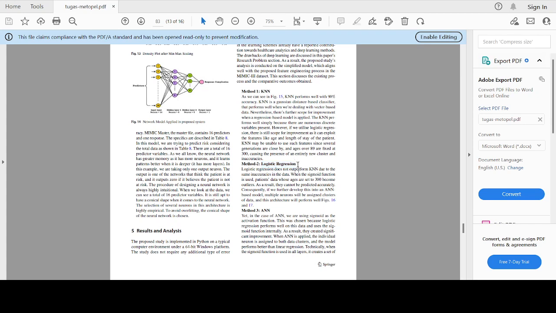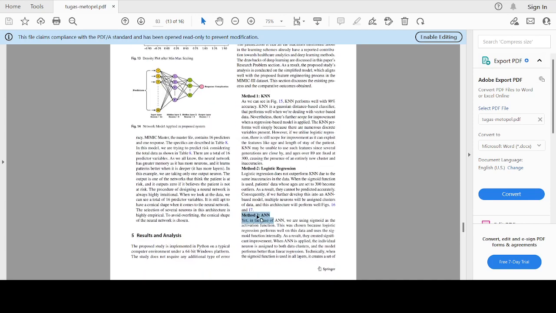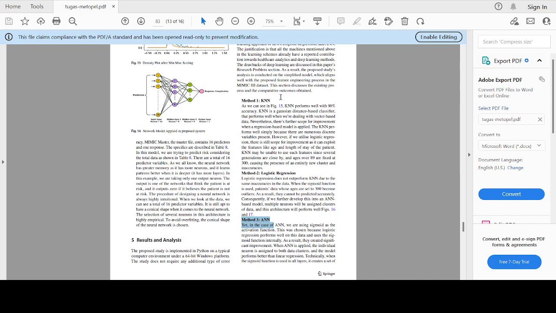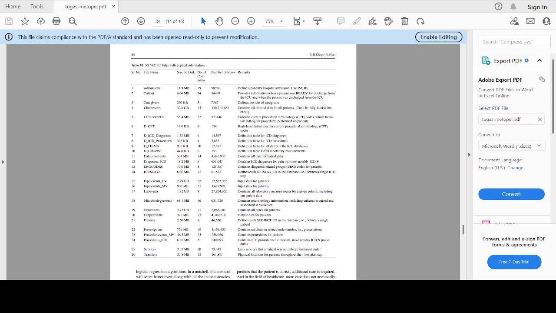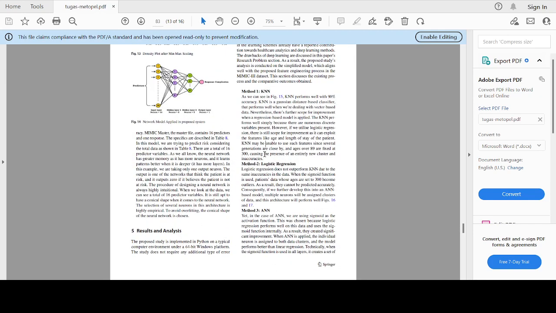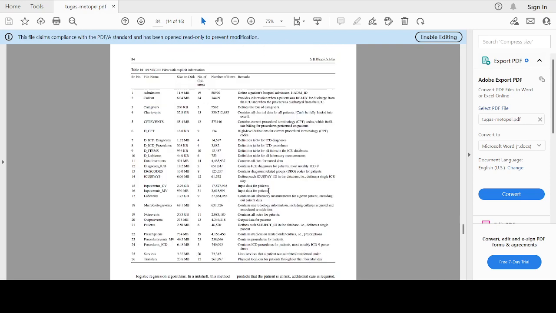So my prediction is right. This won't outperform KNN, of course ANN will outperform KNN. I think this all is to be expected.